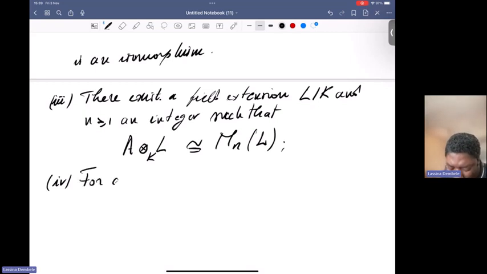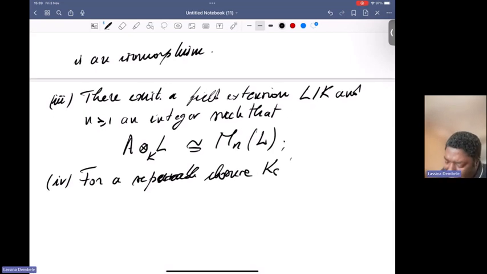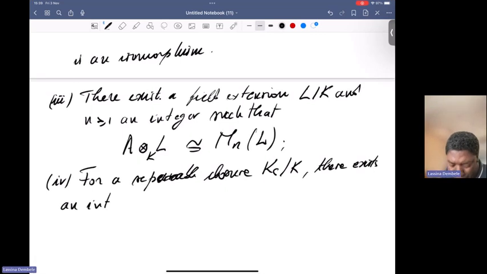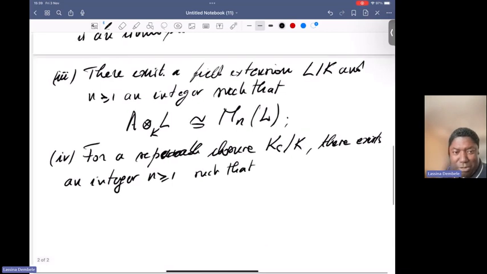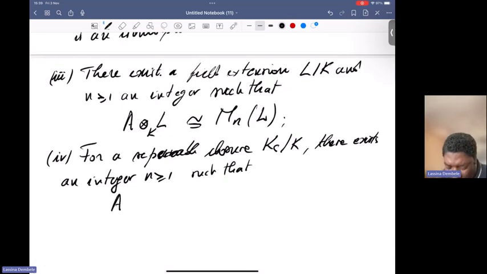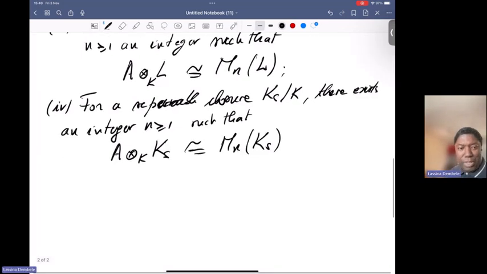For any separable closure, let's say we take a separable closure Ks of K, there exists an integer n at least one such that, quite similar to what we just saw, if I tensor A over K with this separable closure, I get an isomorphism with the matrix algebra over that separable closure.